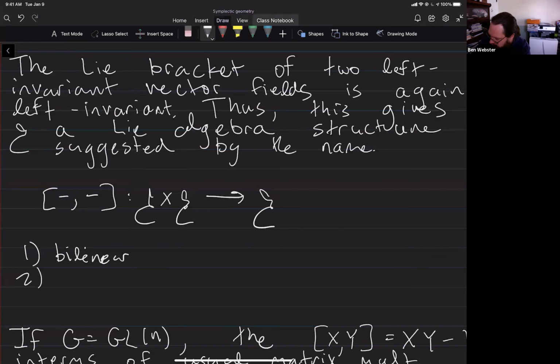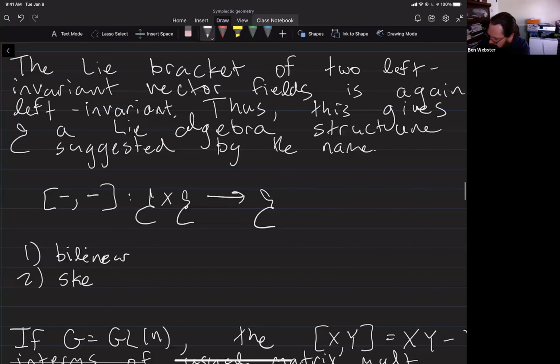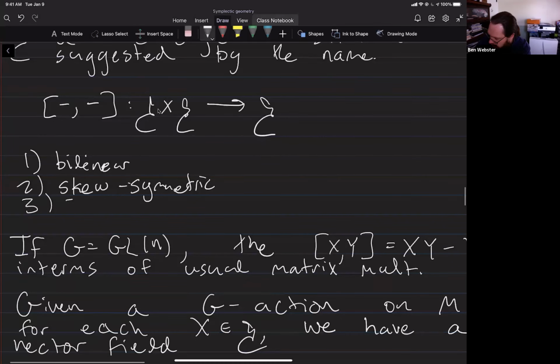Two, it's skew symmetric. And three, it satisfies the Jacobi identity. And when you think about it in terms of left invariant vector fields, it just inherits these properties from the fact that the Lie bracket of vector fields has those properties.